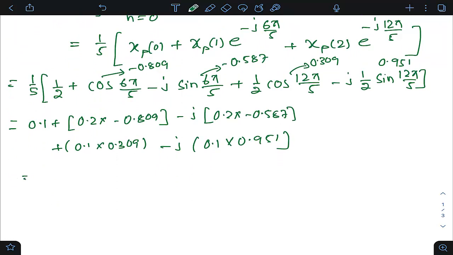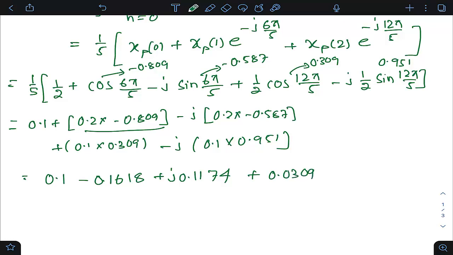So now if you use your calci, it is 0.1, and this term is coming as minus 0.18. Then it is coming as plus j 0.1174. Then this term is coming as 0.0309.